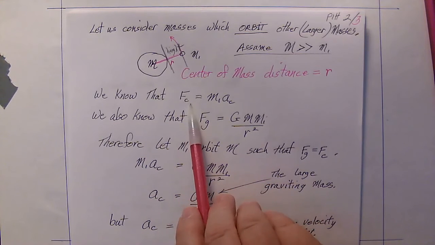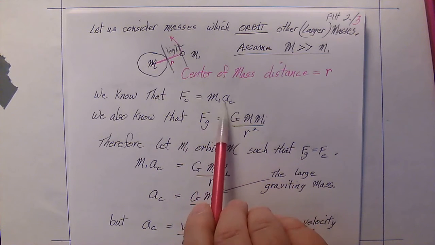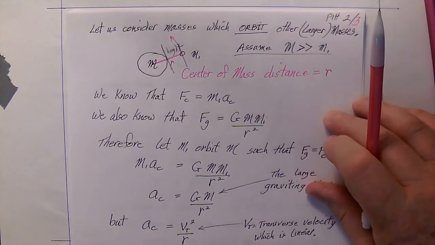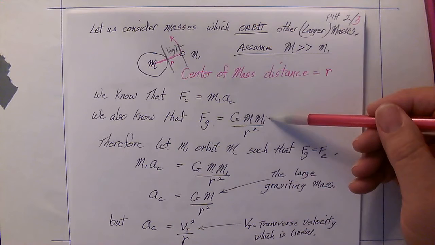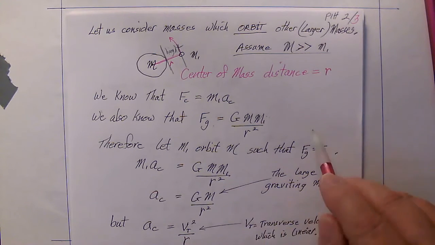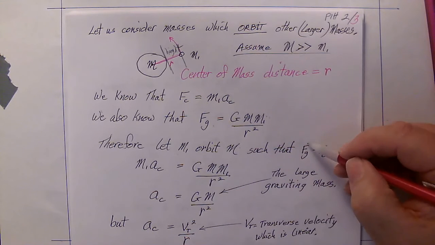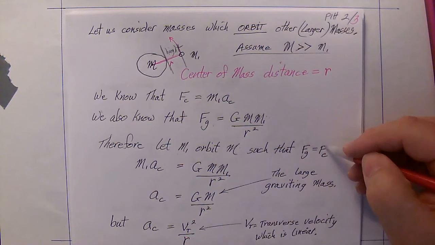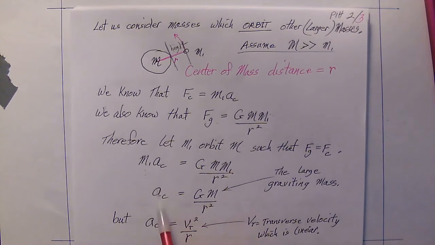Now we know that the centripetal force is equal to m1 ac, which is centripetal acceleration. We also know that Fg is equal to Newton's law of gravitation. m1 is going to orbit M such that the gravitational force is providing the centripetal force. So we're going to equate these two and solve for ac.